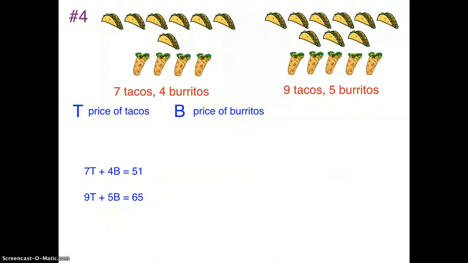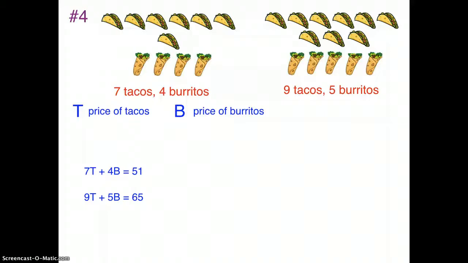First, I have to ask myself, should I eliminate the t's or should I eliminate the b's? If I wanted to eliminate the t's, the lowest common multiple between 7 and 9 would be 63, which would mean I would have to manipulate the first equation by a -9, I'm sorry, and I would have to manipulate the second equation by a 7. So that's my one option.